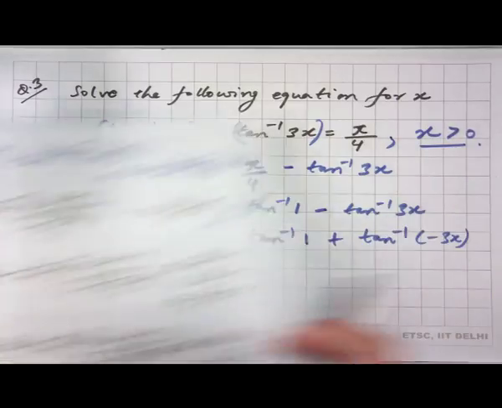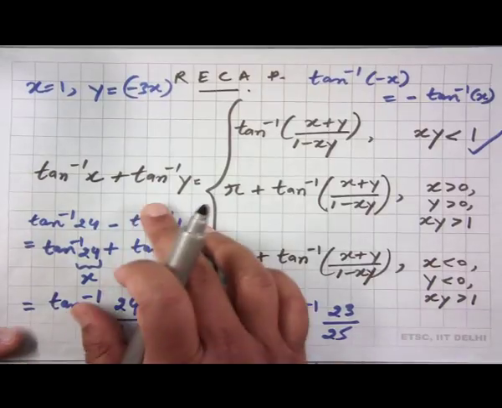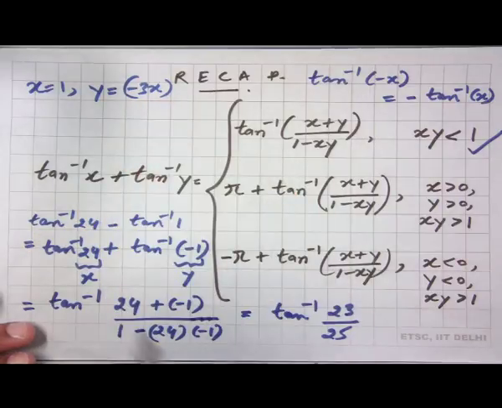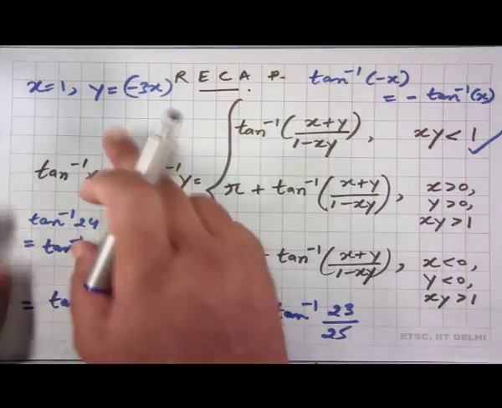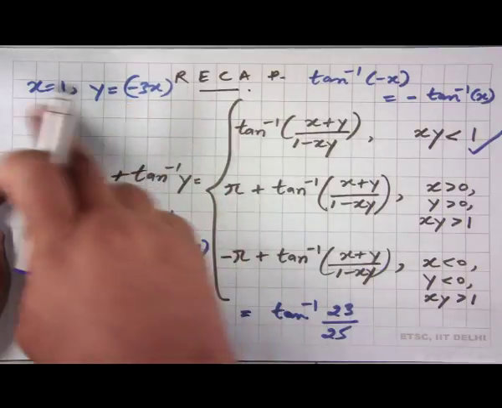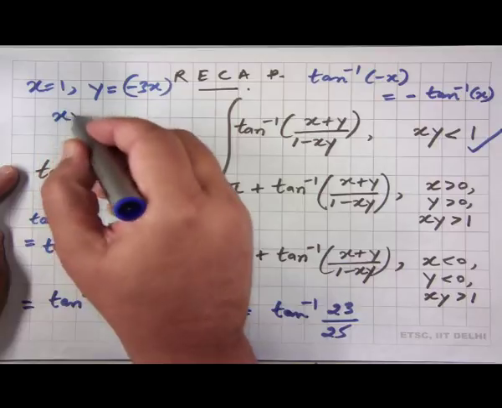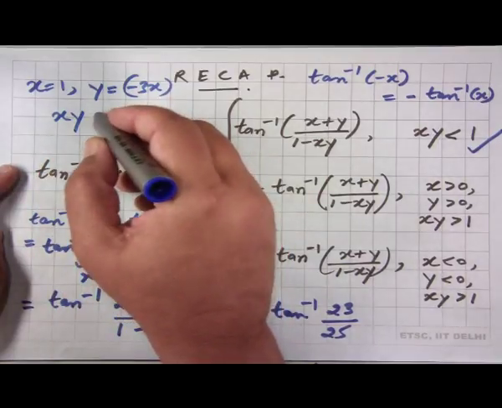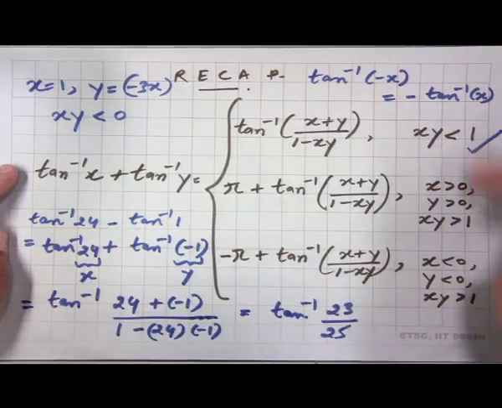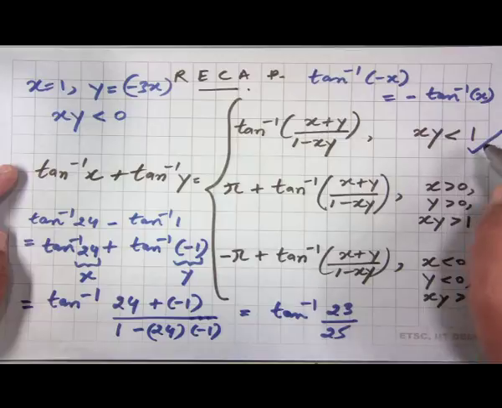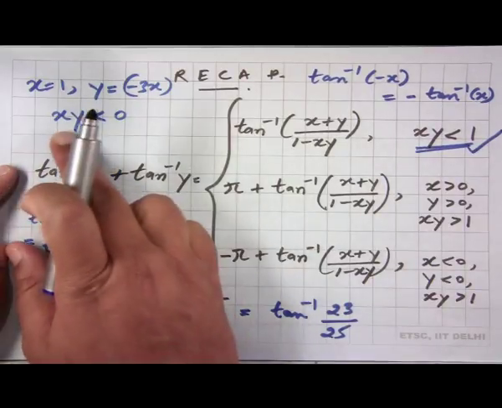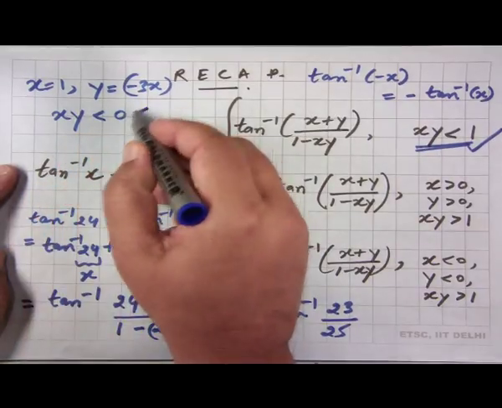Again coming back to the tan inverse x plus tan inverse y formula. Since x is positive for our problem, y is negative because y is minus 3x, and therefore, x times y is less than 0. Out of these three cases, our case will be this particular case, because for us x y is less than 0 and of course 0 is less than 1.